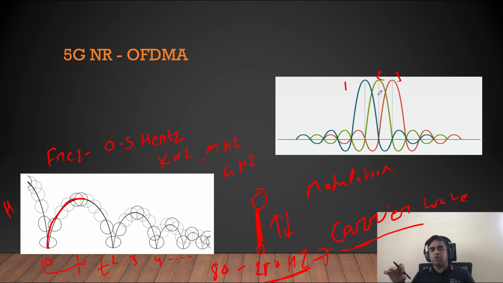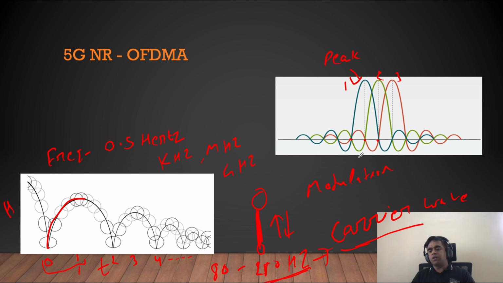So OFDMA is orthogonal frequency division multiplexing. What it means is, when the blue one is at its peak, the rest of them are at 0. Same way, when the green goes to peak, the blue comes to 0, and at the same time, the orange also comes to 0.